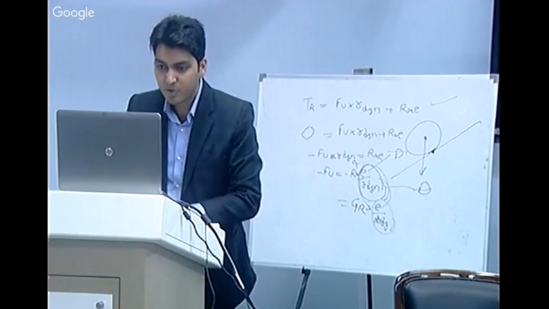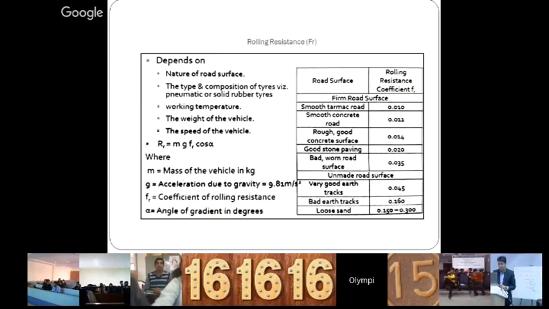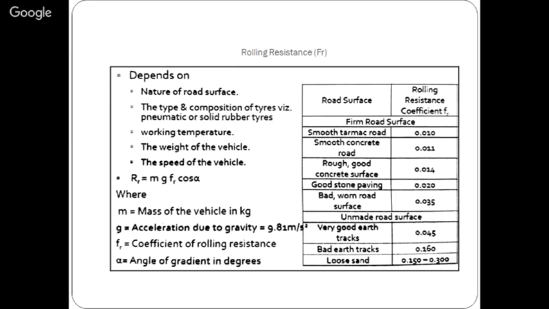These values are based on experimental results for different rolling friction coefficients. It depends upon the nature of the road, first of all, the tires and components of tires, pneumatic or solid rubber tires, working temperature, the weight of the vehicle, and the speed of the vehicle.